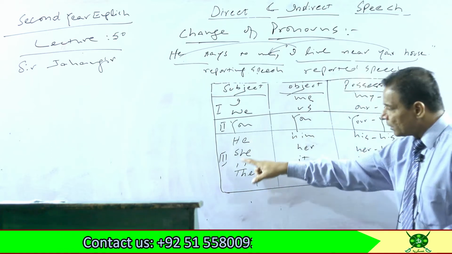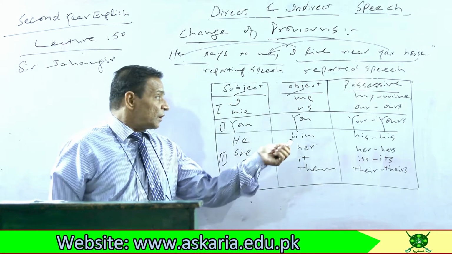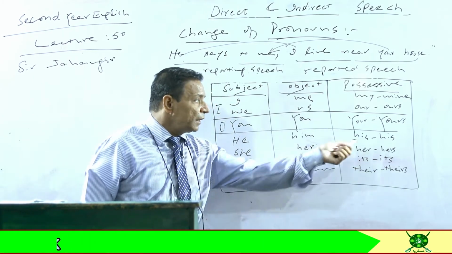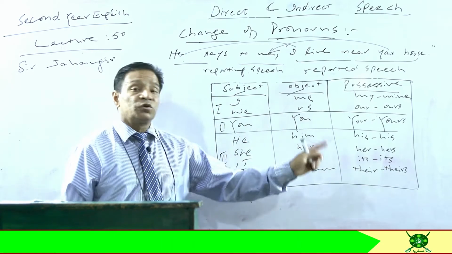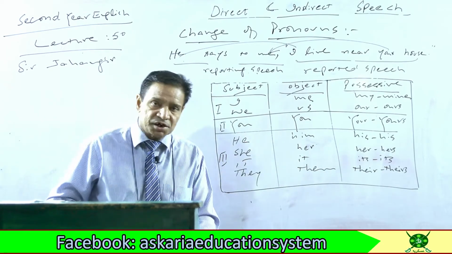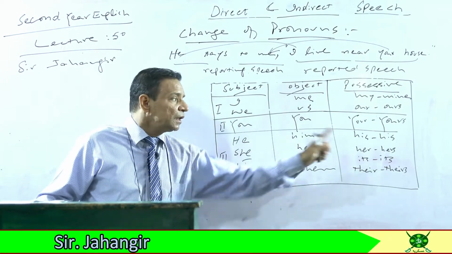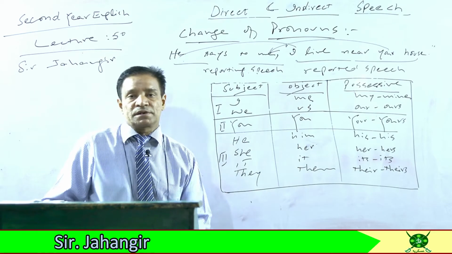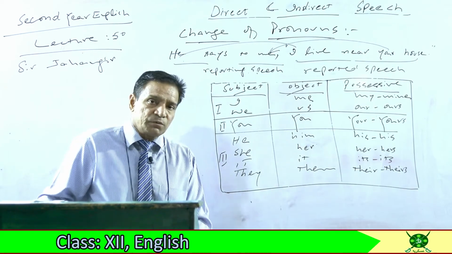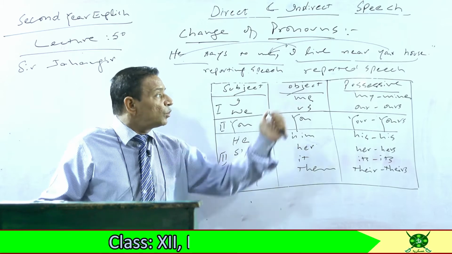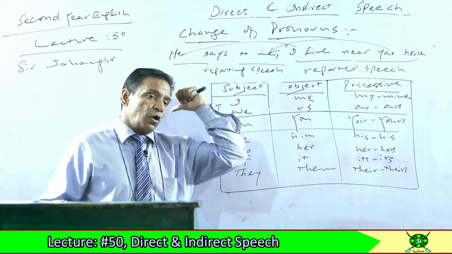And if we have third person pronouns like he, she, it, they, him, her, them, his, hers, its, their, these will not be changed in any condition. There won't be any change in the pronoun of third person, whether subject, object, or possessive. The change will be only here: first person according to subject, second person according to object.